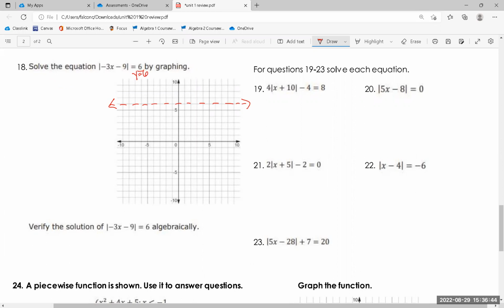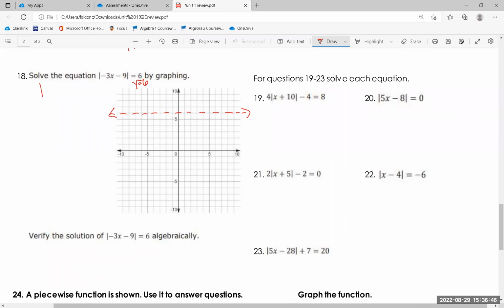And then if we wanted to think about this function as the absolute value of negative 3x minus 9 equals y instead, I'm going to plug in some x's to see what I would get for y. Let's do negative 2 first.